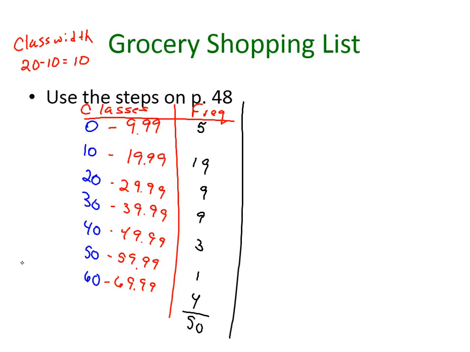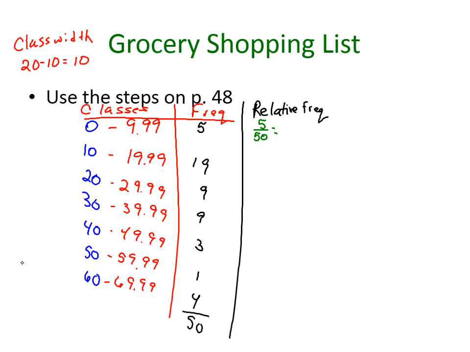So if I was trying to do the relative frequencies instead, relative frequency can either be as a proportion or they can be as a percent. So if I was doing it as a proportion, then I would be looking at having 5 out of the total of 50.